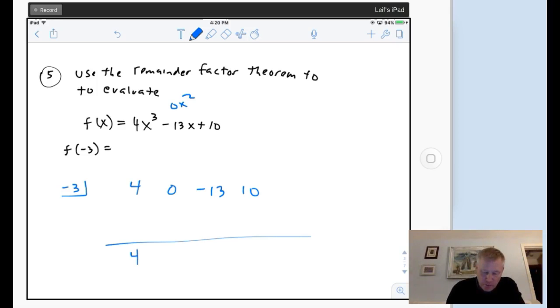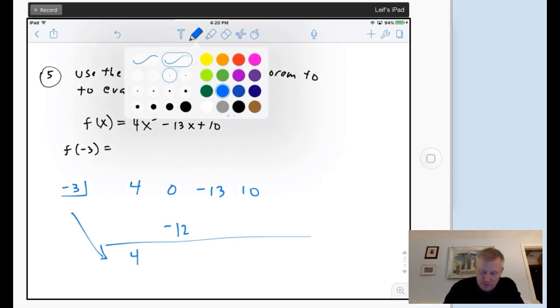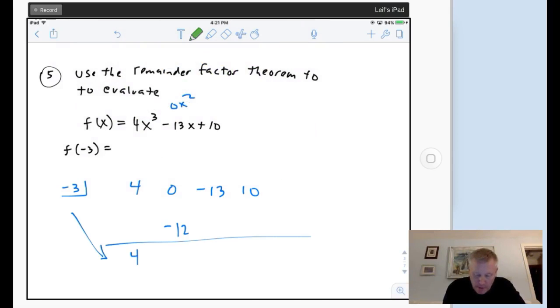Bring down the 4, start multiplying. -3 times 4 is -12, and then add straight down. I get -12. -12 times -3 is +36. Add straight down, I get 23. And if I multiply times -3, I get -69, which means -59 is my remainder.